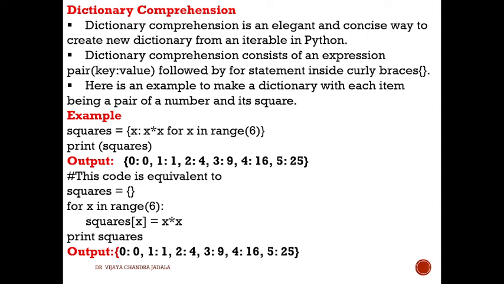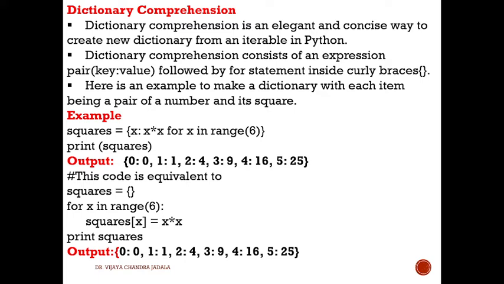Next, dictionary comprehension. Dictionary comprehension is an elegant and concise way to create a new dictionary from an iterable in Python. Dictionary comprehension consists of an expression pair, key: value, followed by a for statement inside curly braces.